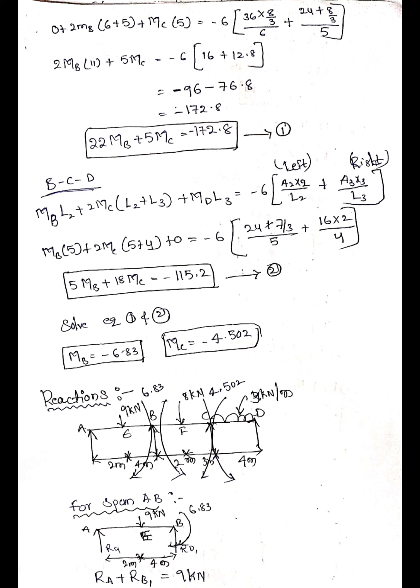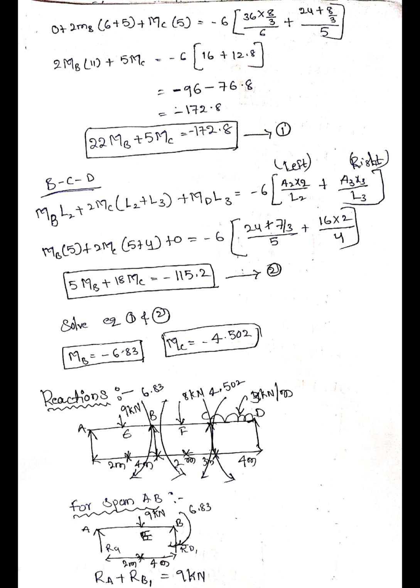In place of A3 X3 right, substitute 16 into 2 divided by 4. So we get 5 MB plus 18 MC equal to minus 115.2. Let it be equation 2. Solving 1 and 2, we get MB equal to minus 6.83, MC equal to minus 4.502.